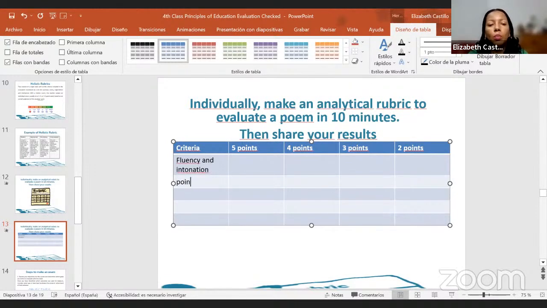We're going to pay attention to the posture. We're going to pay attention also to eye contact. And we're going to pay attention to the fact that they don't have to forget or change any of the lines or the words from the poem. And finally, we're going to evaluate their pronunciation.